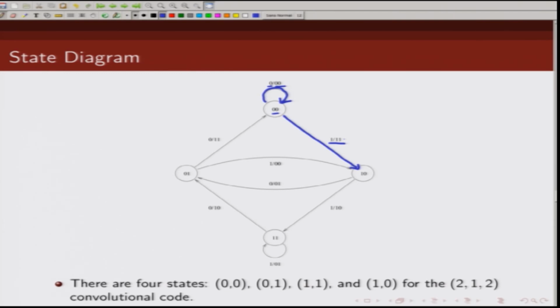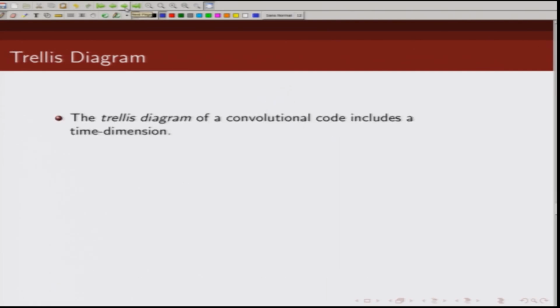So, I show by a directed graph transition from state 0 0 to state 1 0, and I am labeling this state transition by the corresponding input and output. So, 1 is the input, and after slash I have the output. Similarly, you do it for all the states.